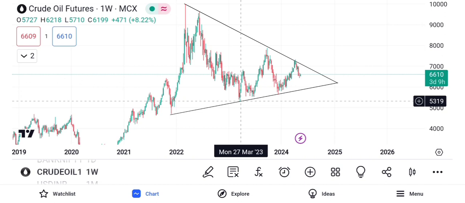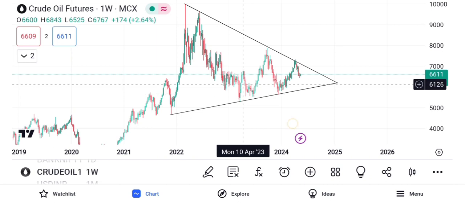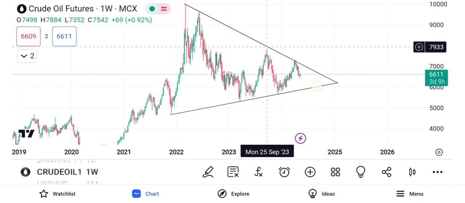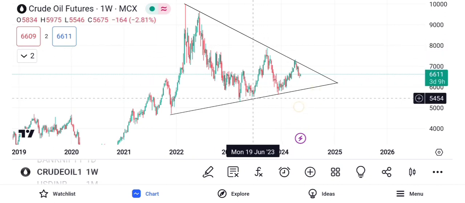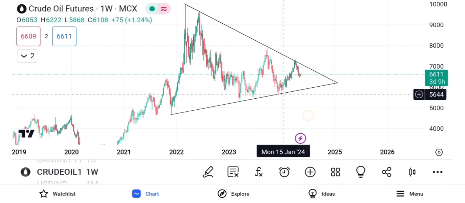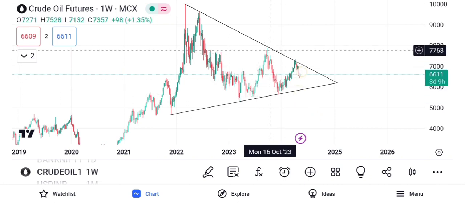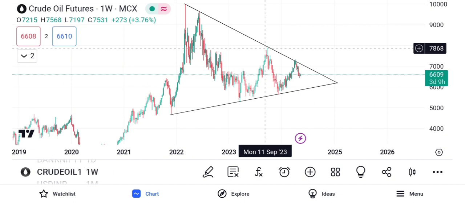Okay, so you could have bought from this level, and you could have sold at this level. So this is the level of buying, this is the level of selling. In this way, you could have made huge money using chart patterns in a longer time frame.